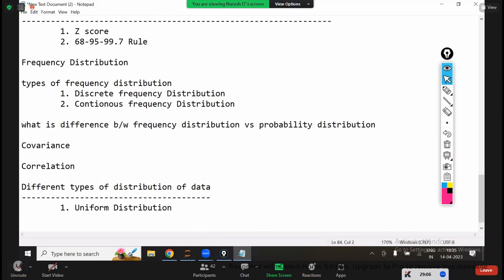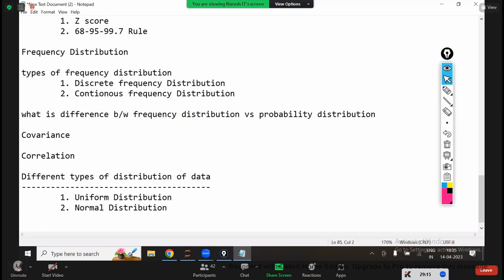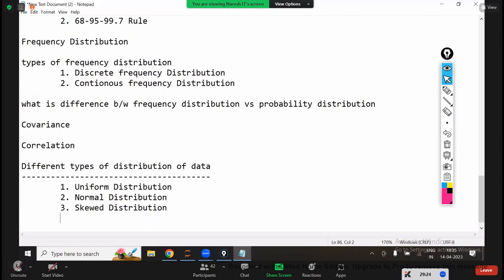And the second one, normal distribution. And we have seen skewed distribution. And the fourth one is standard normal distribution. What is standard normal distribution? So these are the different types of distribution.